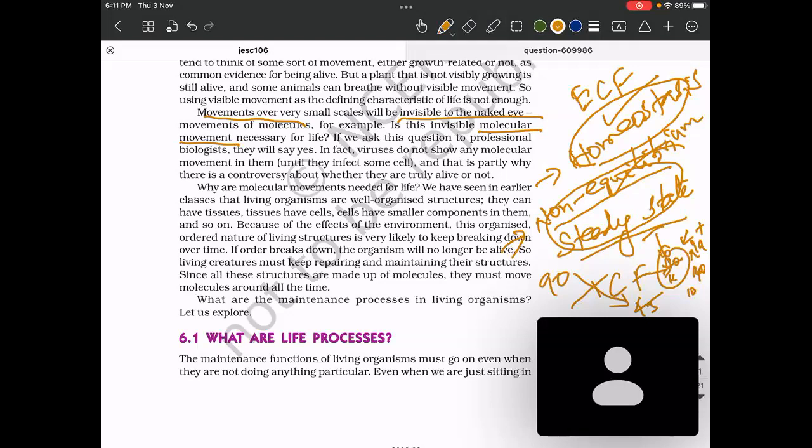By physical observation, like a dog moving, a plant is green, you can say the organism is alive. These are visible characteristics.